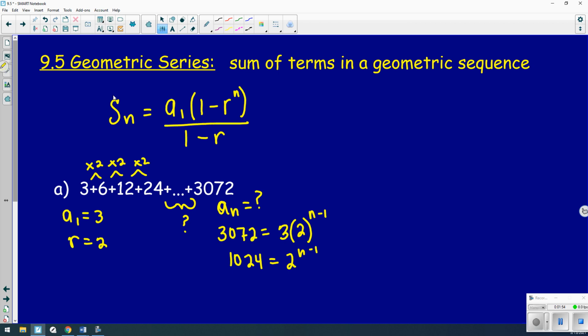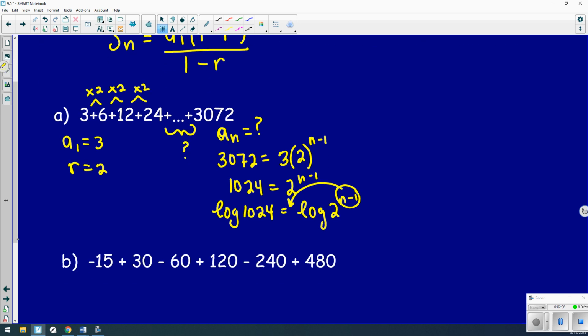I don't know n. Well, what undoes an exponent? A logarithm. So I'm going to log both sides to undo the exponent. Now the exponent drops down in front. And log base 2 is just a number, so I can divide both sides by log 2. Okay, I have something equal to n minus 1.